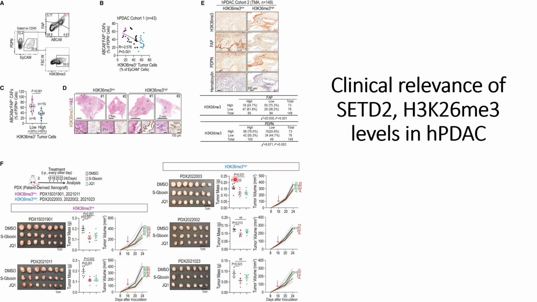The P values are 0.032 and 0.031, and the effect on tumor volume is also not as significant compared to the results seen in the H3K36me3 plus low cells.